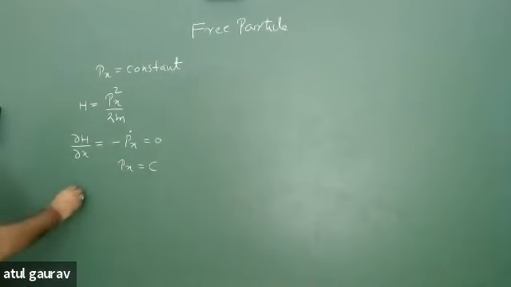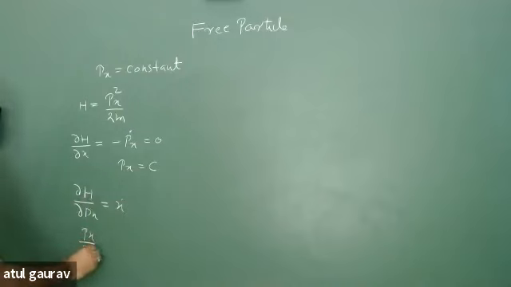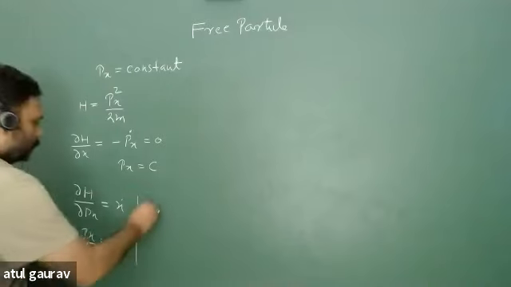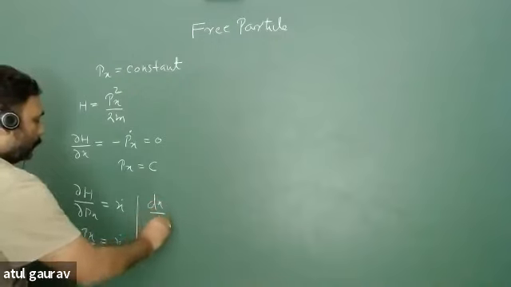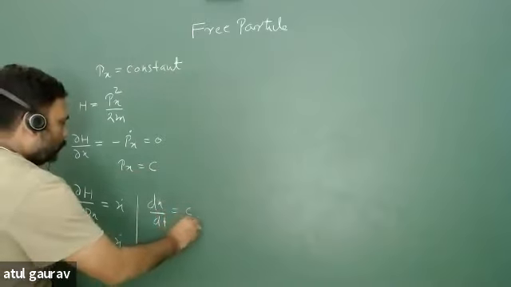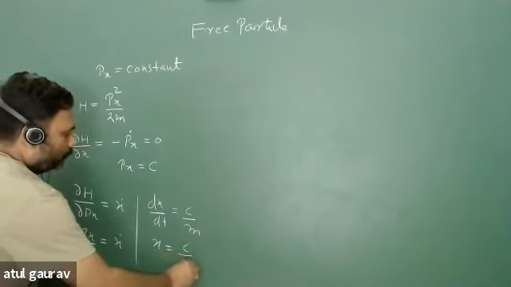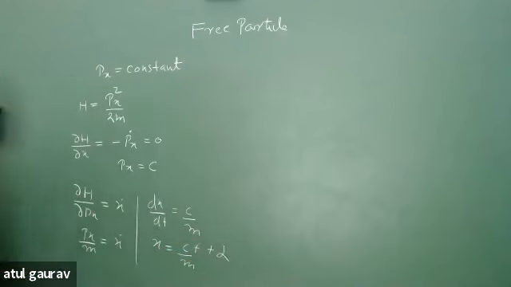Next, del H upon del px is equal to x dot, and this is px upon m equal to x dot, where x dot is nothing but dx upon dt. I have calculated px as c, so dx upon dt is c upon m, and now I can write x as c by m into t plus some constant alpha, let's say alpha naught.